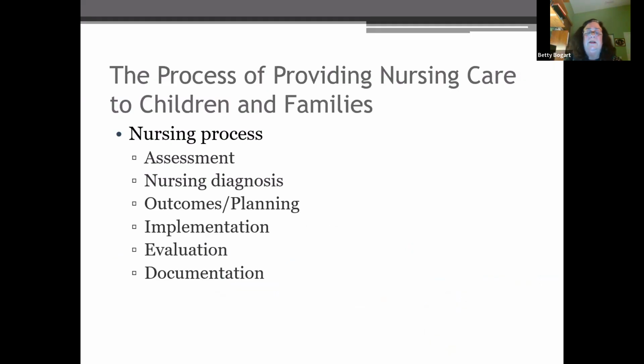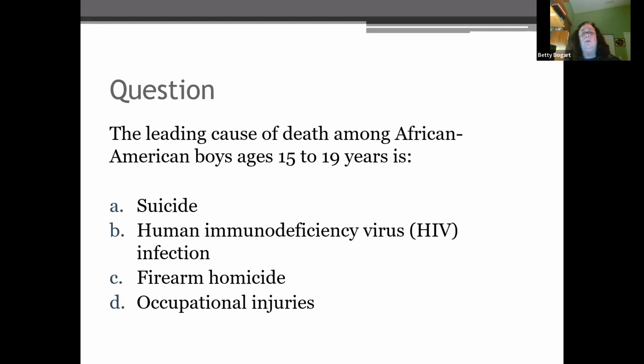So, nursing process: assessment, diagnosis, outcomes, implementation, evaluation, documentation. It doesn't matter what patient you take care of, whether young or old, we're still going to always do the nursing process. So, talking about what I was talking about earlier, injuries, and then talking about the adolescents.